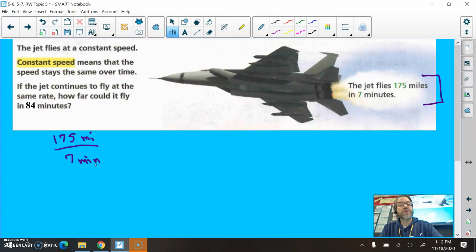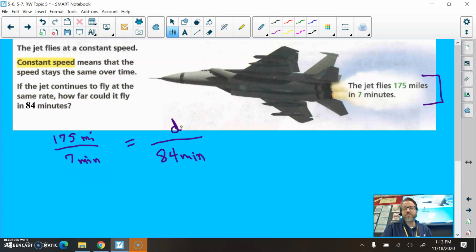All right, so what I want to know is how far will it fly if it goes 84 minutes? You'll notice I'm putting the time in the bottom in minutes, and I'm putting the distance in miles up in the top. So if it's 175 miles in 7 minutes, what would be the distance here? I'll just put a D here for distance in 84 minutes.